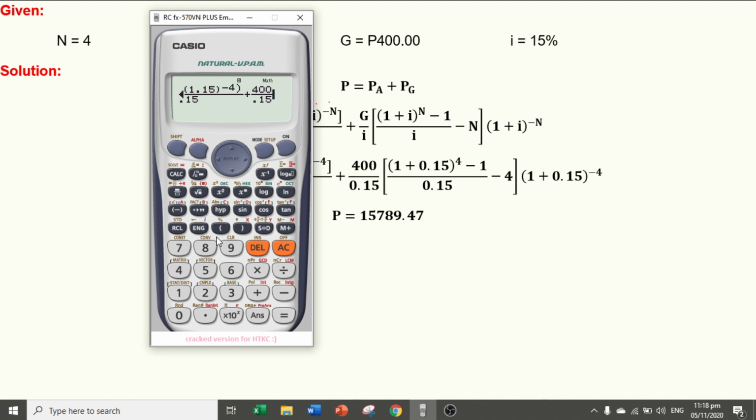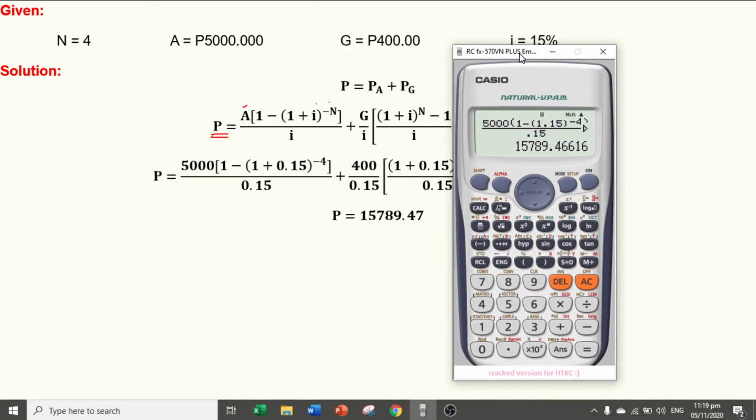Then, parentheses 1.15 raised to 4 minus 1 over 0.15 minus 4. Tama ba? Okay. Then 1.15 raised to negative 4.